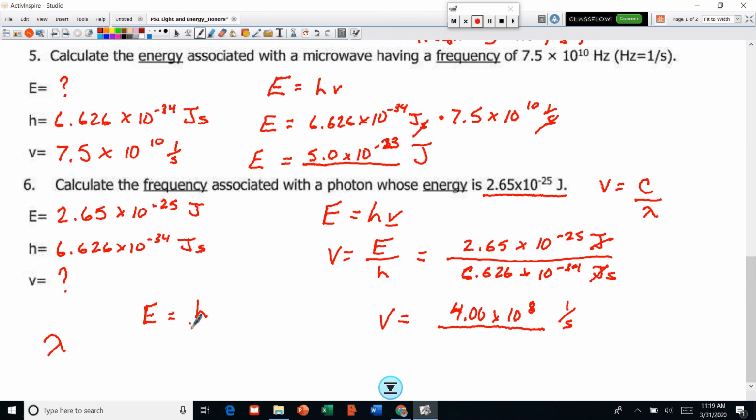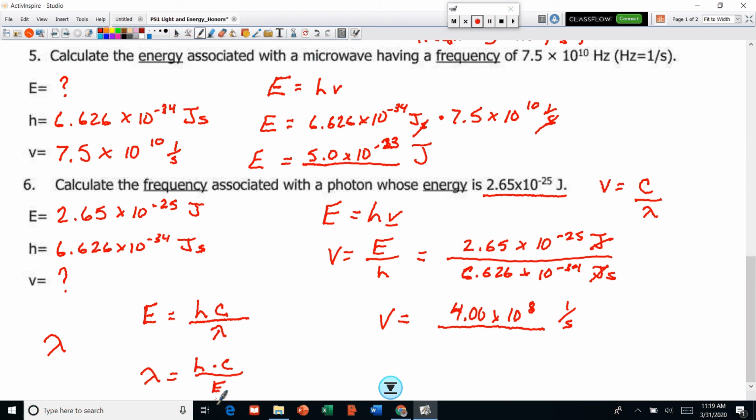So we could rewrite this equation as Planck's constant times the speed of light divided by wavelength equals energy. If we were solving for wavelength, it would be Planck's constant times the speed of light divided by energy.